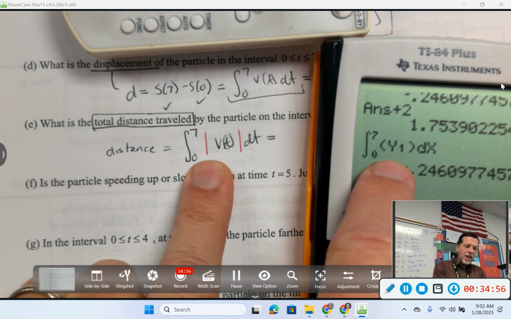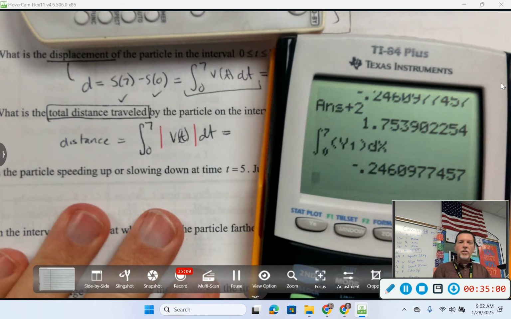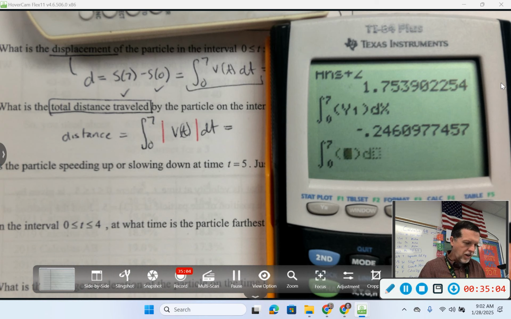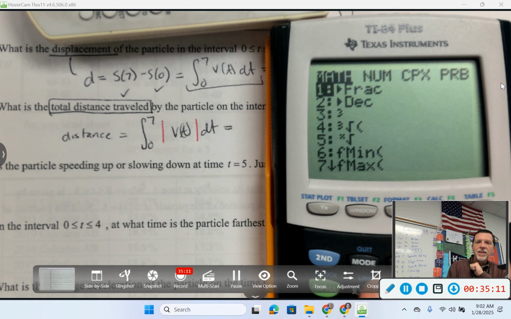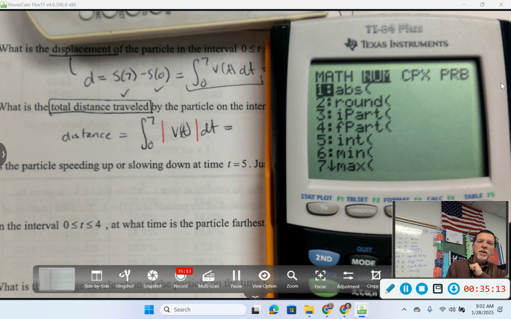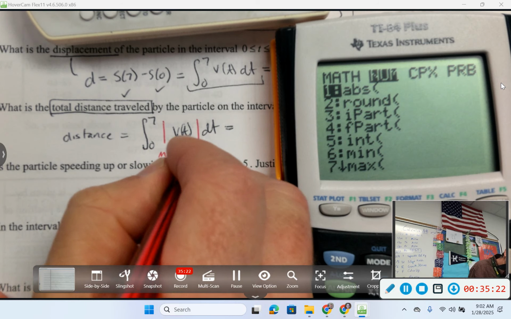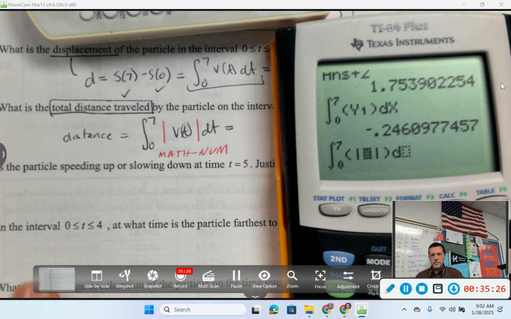So I'm going to do that same math 9, but this time I'm going to put my velocity in absolute value bars. So math 9, 0 to 7, and then I need to figure out where absolute value bars are. Pretty sure they're under math, num, abs. You pick abs.